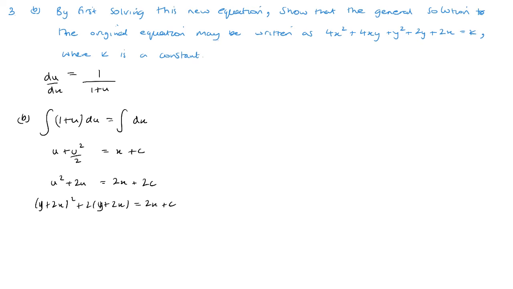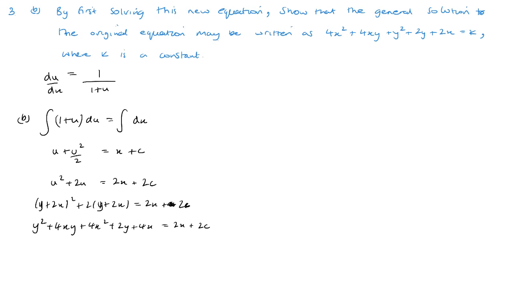So now I need to expand this. This is going to give me y squared plus 4xy plus 4x squared. Now second bracket: plus 2y plus 4x equals 2x plus 2c.